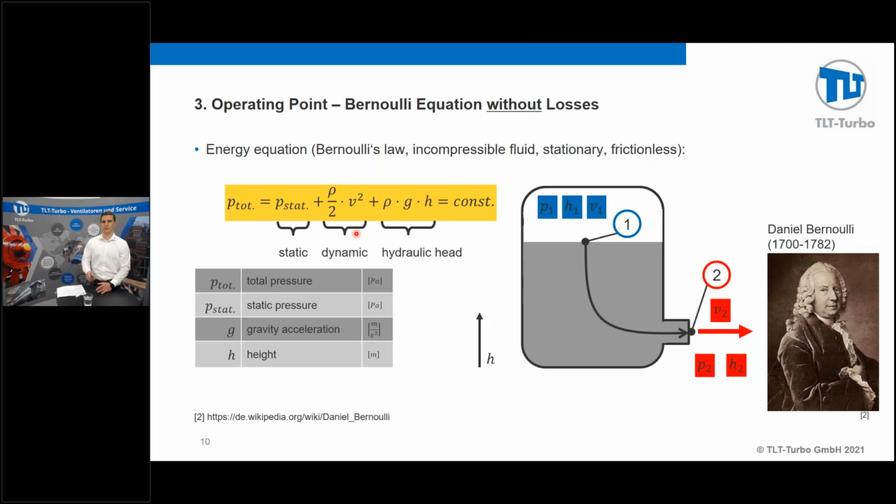So it takes care of, let's say, the potential energy of the fluid. So once again, the definition of this energy equation is that the energy in point 1 is exactly the same as the energy in point 2, and you will agree with me that the velocity in point 2 might be higher than in point 1, but on the other hand, the hydraulic head in point 1 is higher than in point 2.